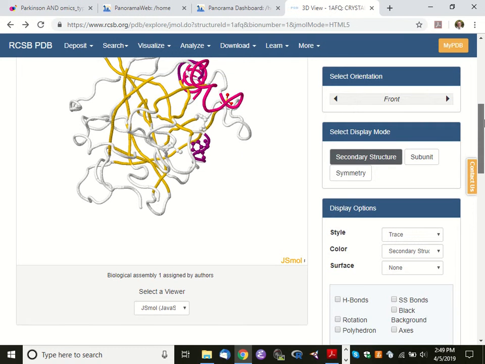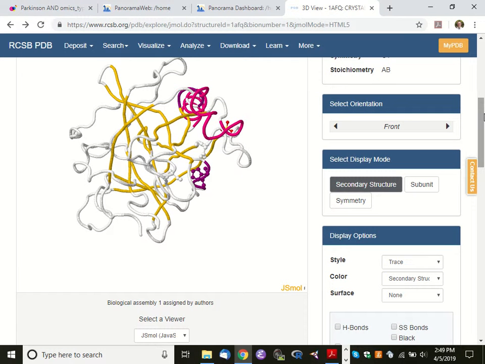Now, when you pop back up here, you should notice something a little odd has gone on. You see that there's a little ball and stick arrangement here to show the side chains of these amino acids. None of the other amino acids have side chains. But because we selected those three and specified this type of visualization, just those changed.